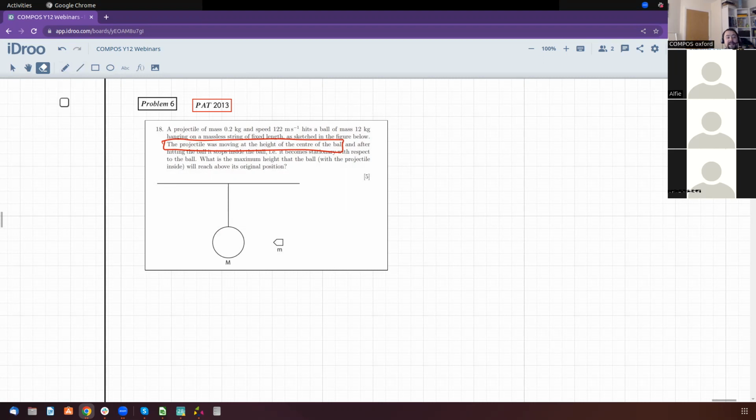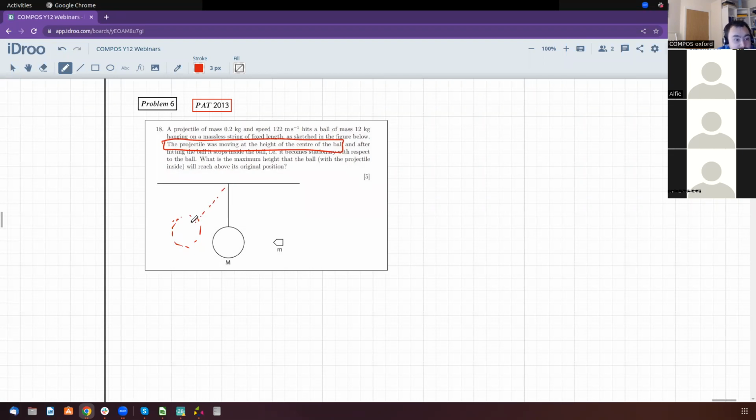This is called a ballistic pendulum. It is designed to measure the speed of bullets. Now, this is a very simplified version of a ballistic pendulum, but basically, that is how you measure the speed of a bullet. Because the bullet hits, you have conservation of momentum, and then the pendulum goes up to some level.